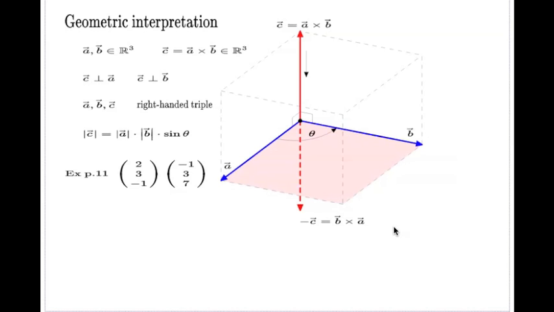Let me call this vector A and this vector B. If you didn't know the cross product, how would you approach this question? Well, you can find the length of one vector, and the length of the other vector. But the angle in between is something you have to think about. What other way is there to approach the angle between the vectors if you don't know the cross product?